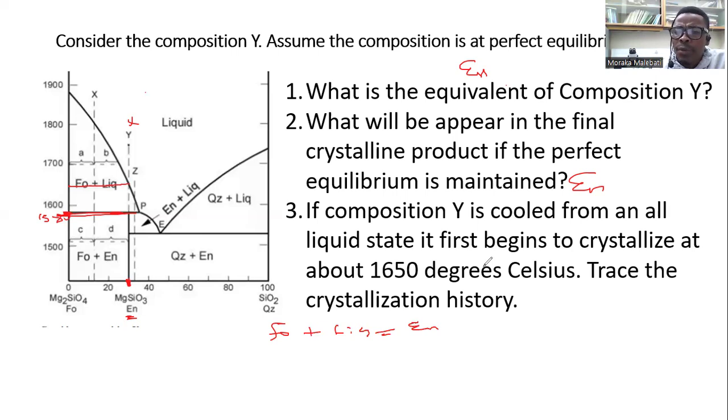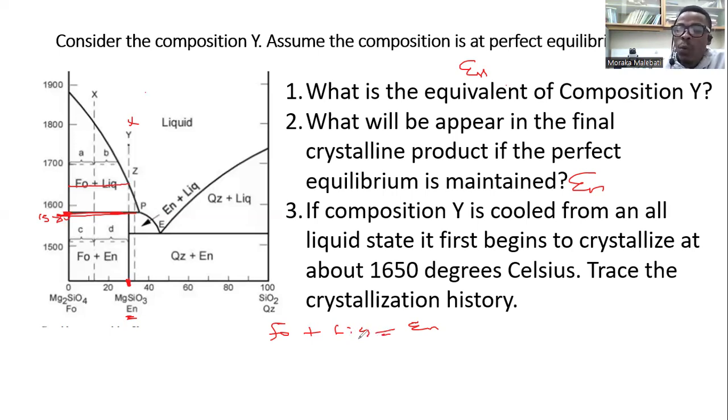All right. So now how do we come about with only the instantide? Remember, at this point, one of the phases has to be consumed. Remember, we've got this phosphorite and the liquid.